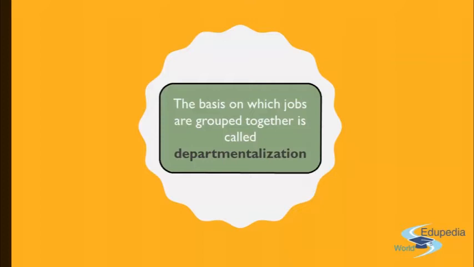Departmentalization involves dividing an organization into different departments, which perform tasks according to the department's specializations in the organization. Departmentalization as a means of structuring an organization can be found in both public and private organizations.